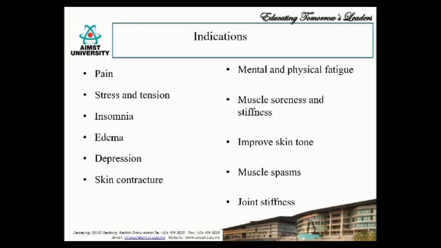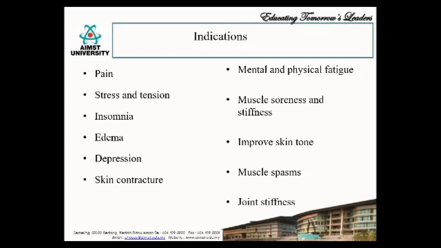Once you improve the blood flow, automatically the unwanted chemicals like lactic acid or H plus will be washed out. Okay, so all these things you would have learned in your physiology. That's why I'm just touching on those topics. I'm not going in depth. So the reason behind this muscle soreness is collection of lactic acid and H plus ions. So once you wash this out, automatically the muscle soreness will get reduced.